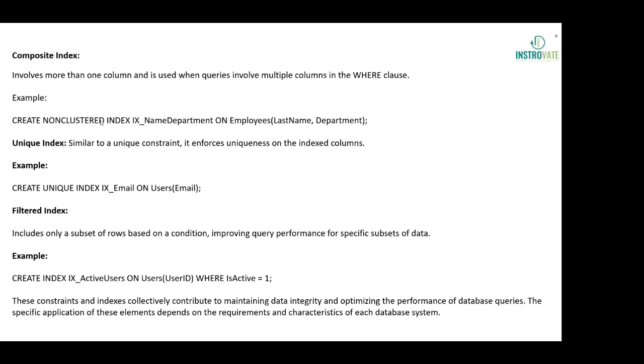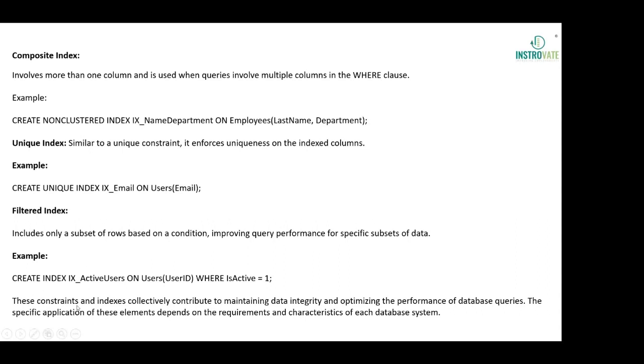similarly to unique constraint, it enforces uniqueness on the indexed columns. Here's the example: create unique index email on users email. Now filtered index includes only a subset of rows based on a condition, improving query performance for a specific subset of data.